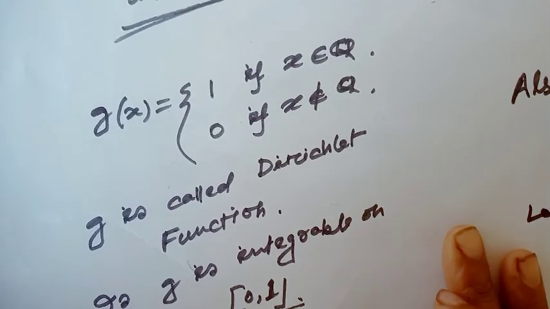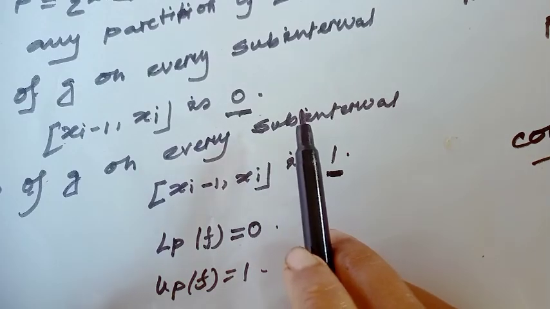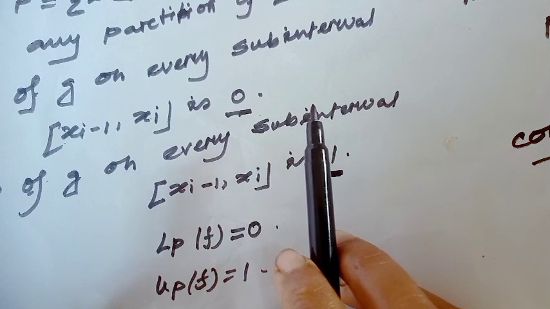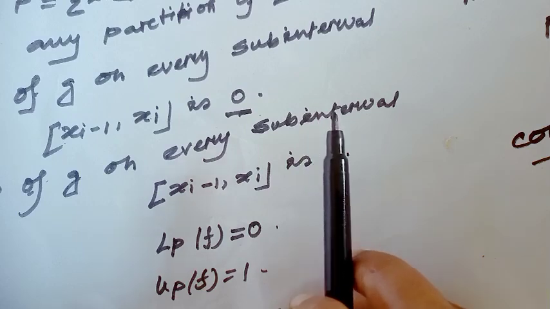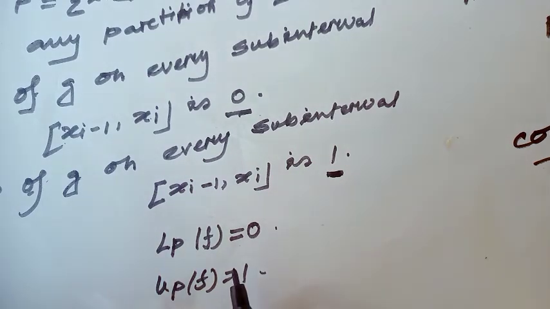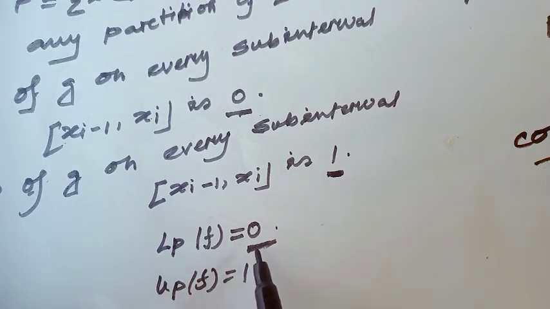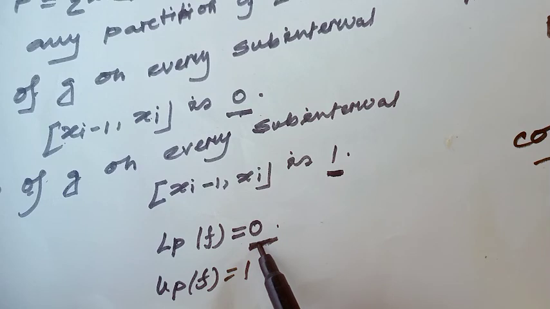Since the infimum is 0, all the lower rectangles will have height 0. So L(P,g) for any partition will be 0, and this is true for all partitions.